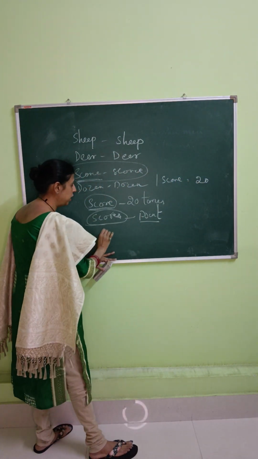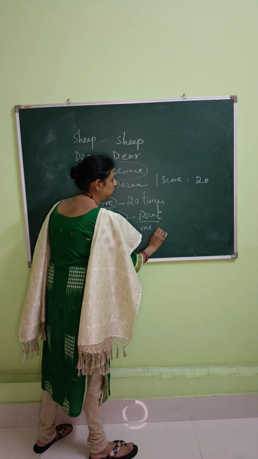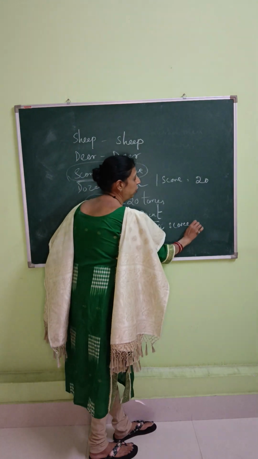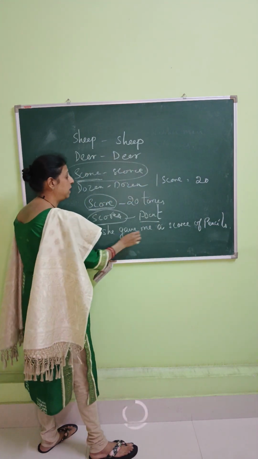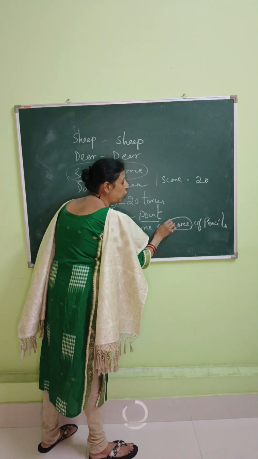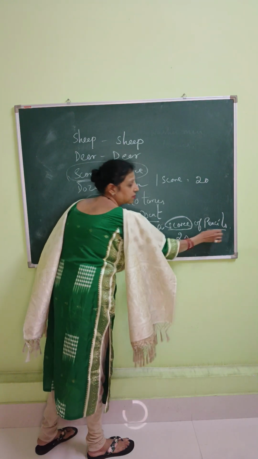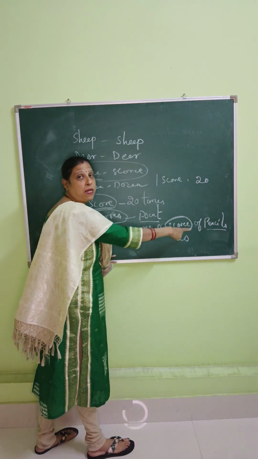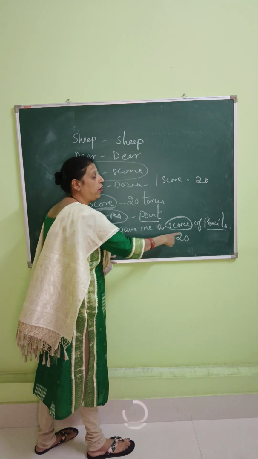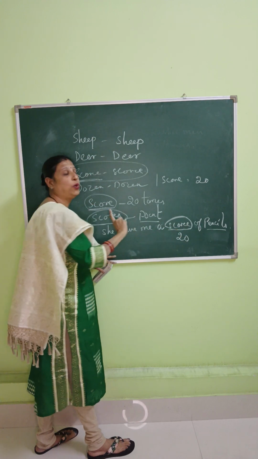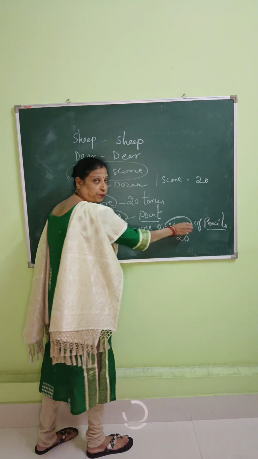Now, if I say she gave me a score of pencils, score of pencils in the sense, this score means that she gave me 20 pencils. So this is how we say she gave me a score of pencils. So here we don't form any plural to the word score.